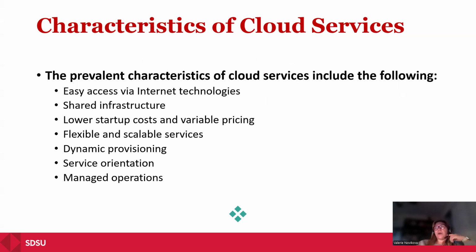For example, for my web page I pay roughly $10 a month with about 1,000 to 2,000 users daily, which I think is pretty good. Dynamic provisioning means that the cloud is going to add or remove resources depending on your use. And there are various managed operations that you can pay for when it comes to cloud services.